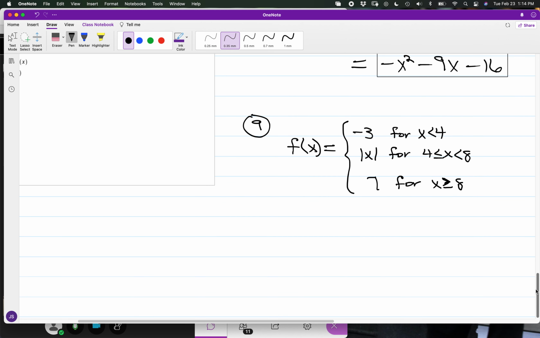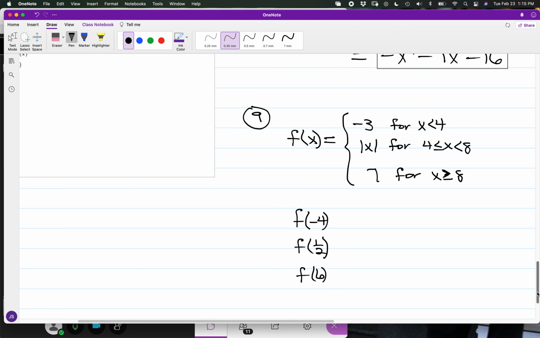So for the parts here, we're looking for f of -4 and f of 1/2, as well as f of 6, and also f of 15.